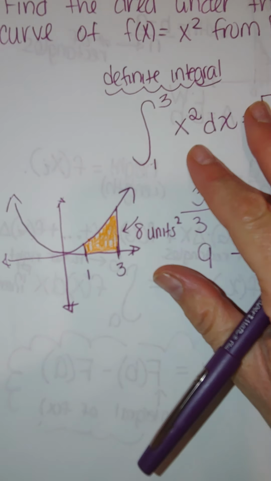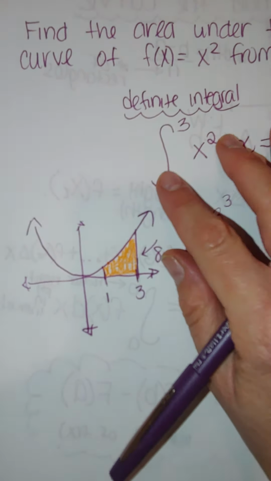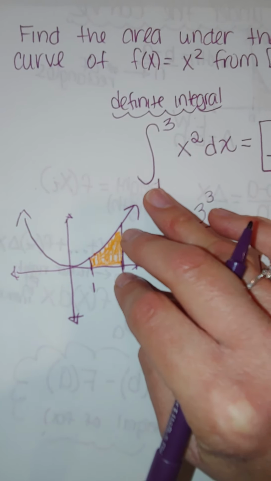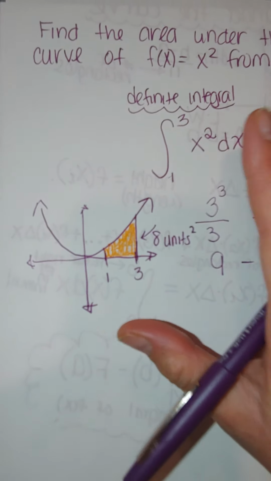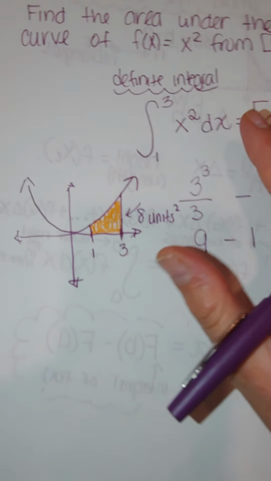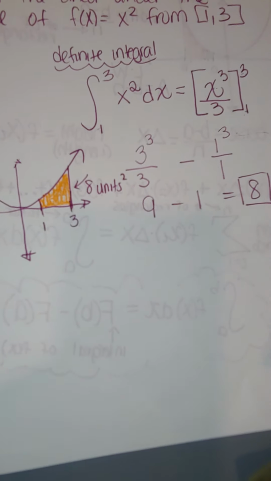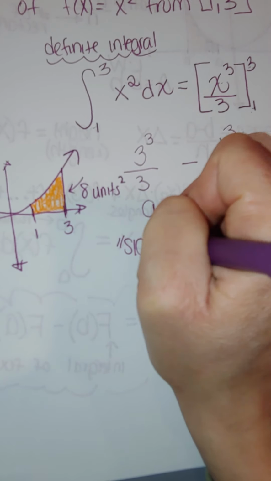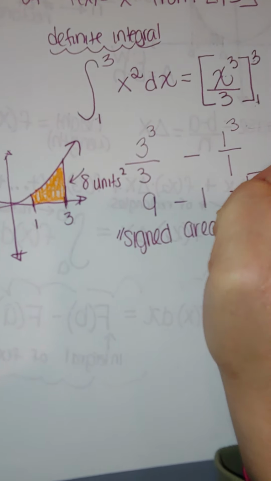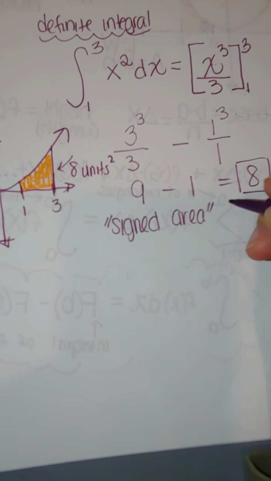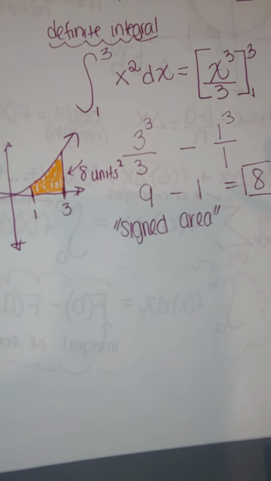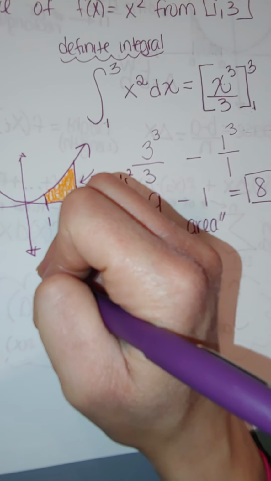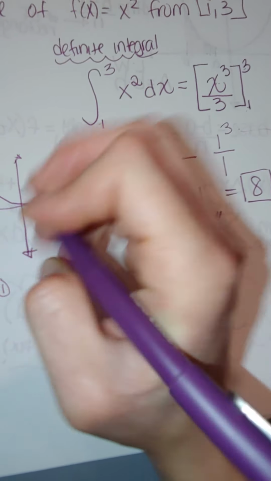All right, so now let's talk about this for a second because we have to be careful when we talk about the definite integral with respect to the area under the curve. The definite integral gets you a signed area. And what a signed area means is I'll give you the 3 cases.